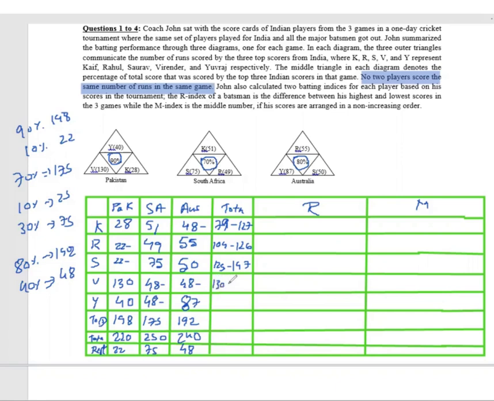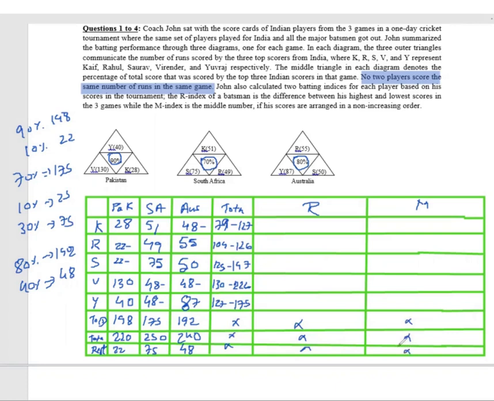Minimum 130, and with both 48, 48, that is 96, it can go up to 226. Minimum 127, maximum 87 and 40 is 127, plus 48 at max, you can score here 175. These are the ranges. This total is not required, it doesn't make any sense.